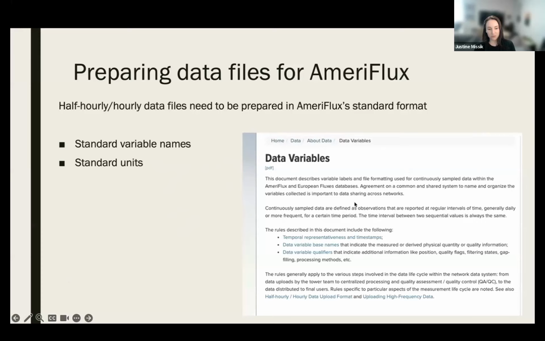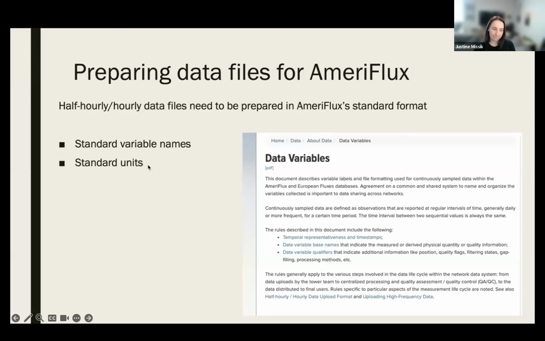So these things are really not difficult to deal with. You just need to be careful, make a little checklist and make sure you've checked everything, that all of the units are in the right units and everything is named properly.